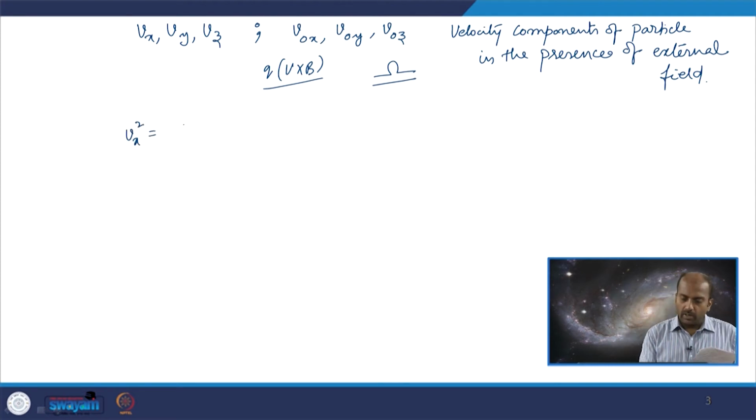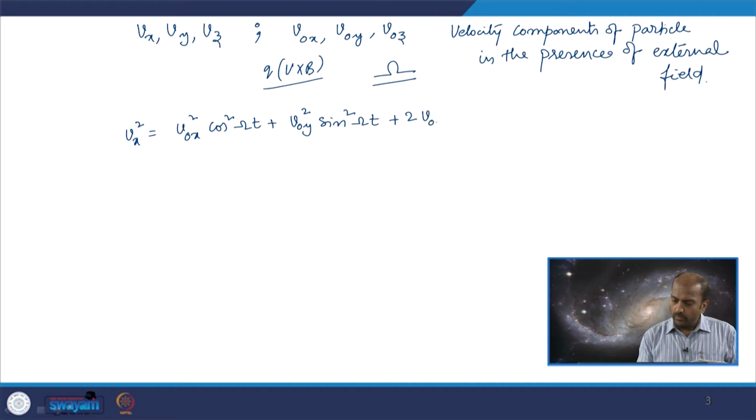Vx square can be written as V0x square cos square omega t plus V0y square sin square omega t plus 2 V0x V0y sin omega t cos omega t.